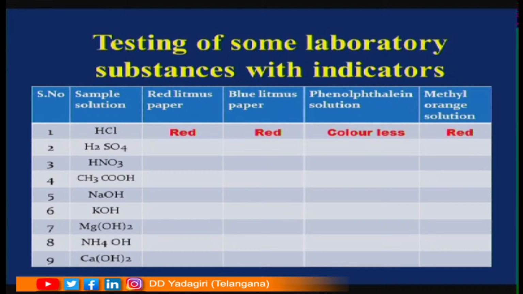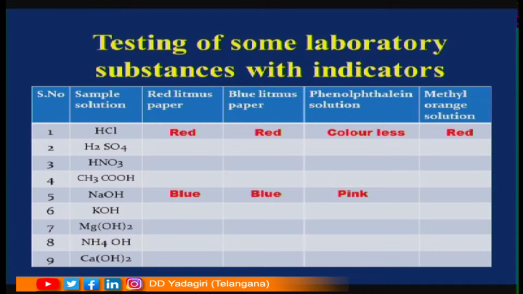Now, we will see one base, the first base in the list, that is sodium hydroxide solution. Whenever we dip red litmus paper in sodium hydroxide, it turns to blue. Whenever we dip blue litmus paper into sodium hydroxide, it will remain blue, there will not be any change in its color.